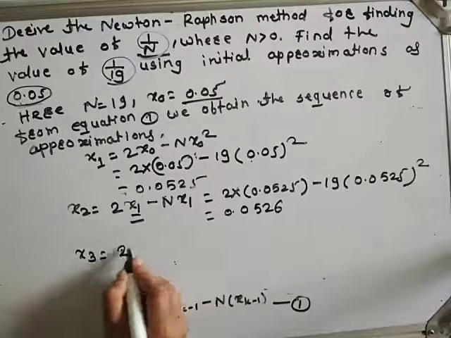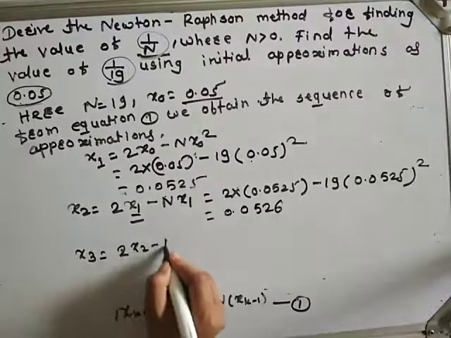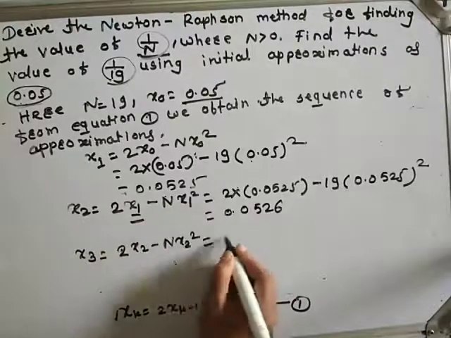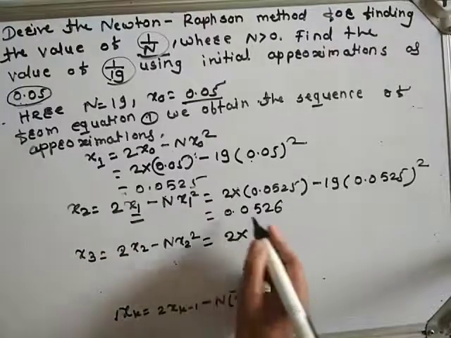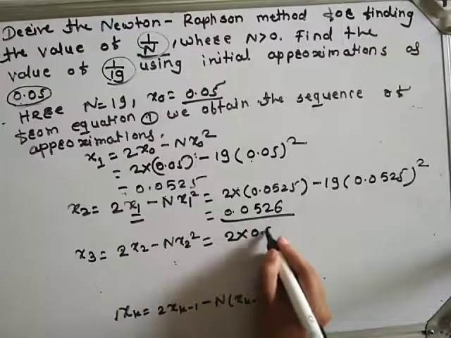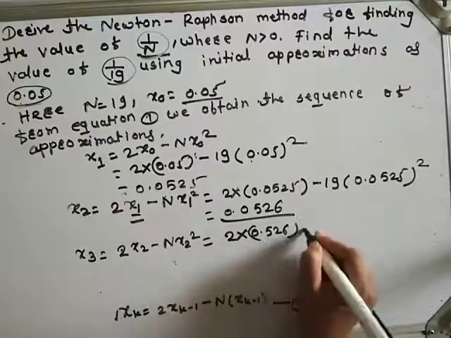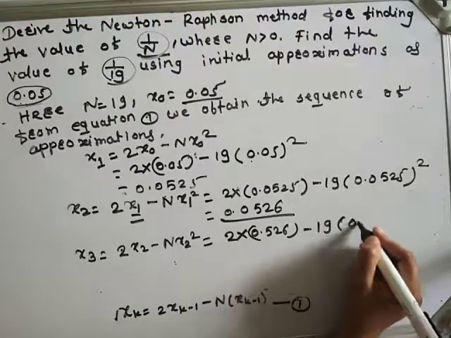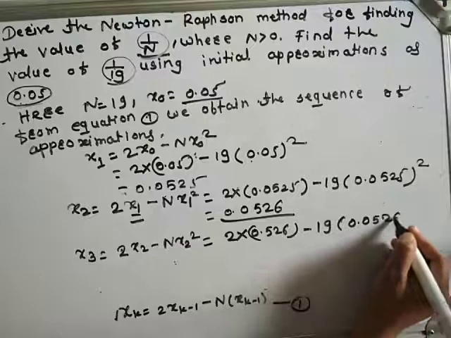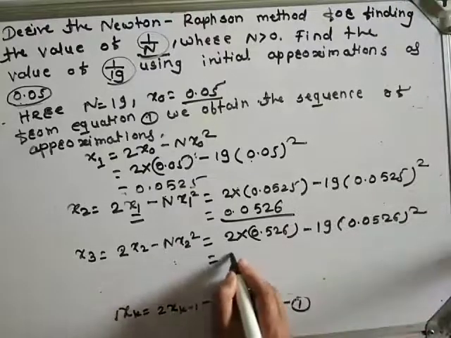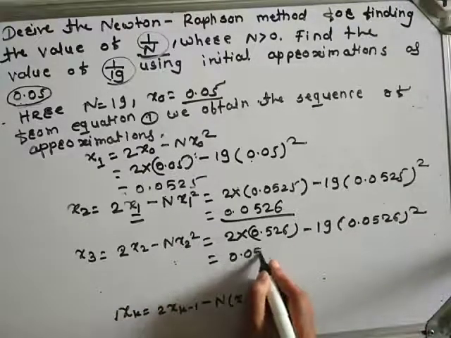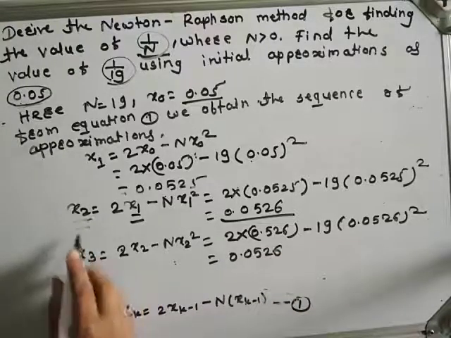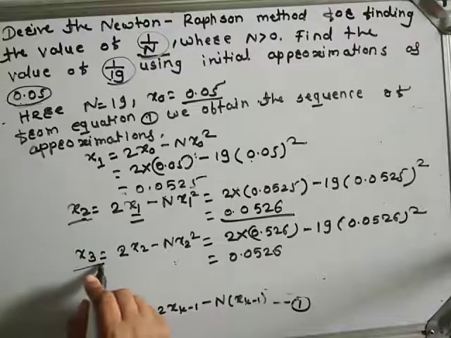x3 is equal to 2 into x2 minus n x2 square, which is equal to 2 into x2, x2 is 0.0526, minus 19 into 0.0526 square, which is equal to 0.0526. Here x2 and x3 are equal.